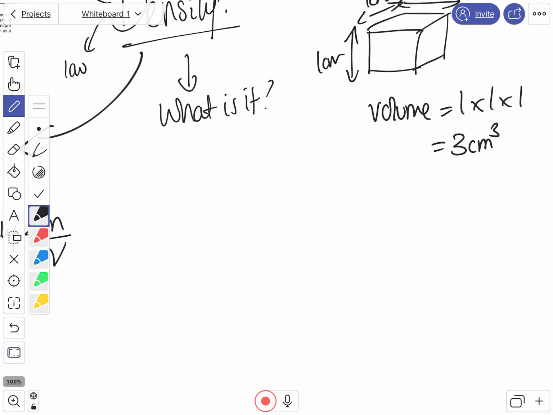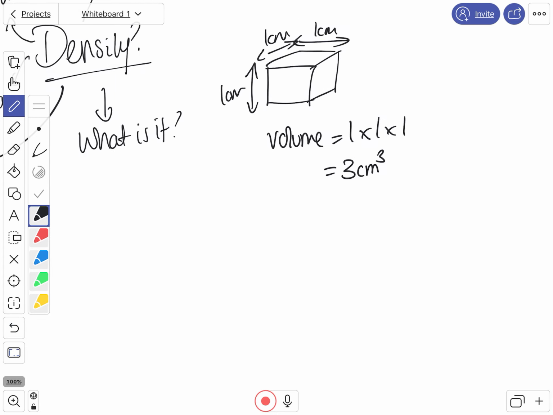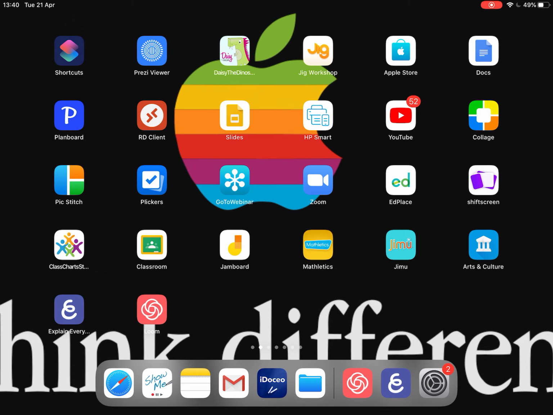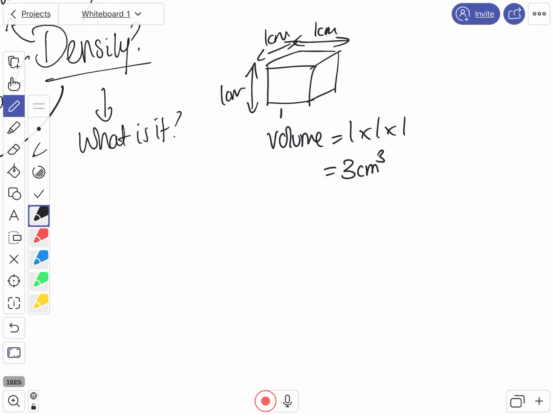Cubed for volume. Now, if I put it on a balance and measure its mass, and it's 100 grams, my mass would be 100 grams, not weight. A silly mistake there that I said weigh it. Then I can work out the density.